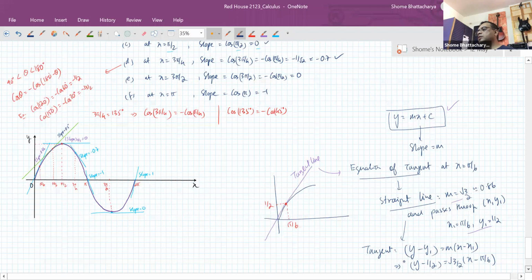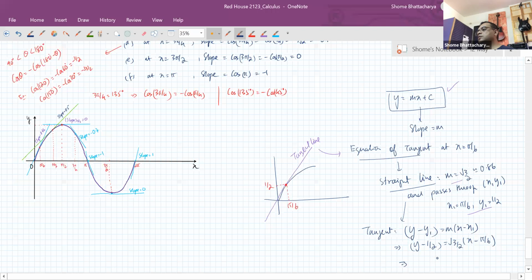So you can see that the equation of the straight line will be this, and this whole thing is that y-intercept constant. Is it clear now? Yes, sir.